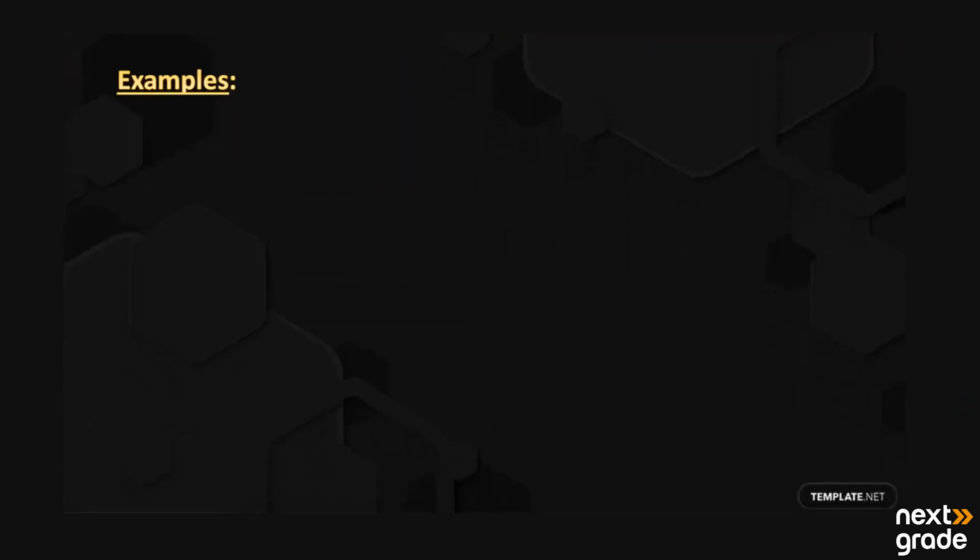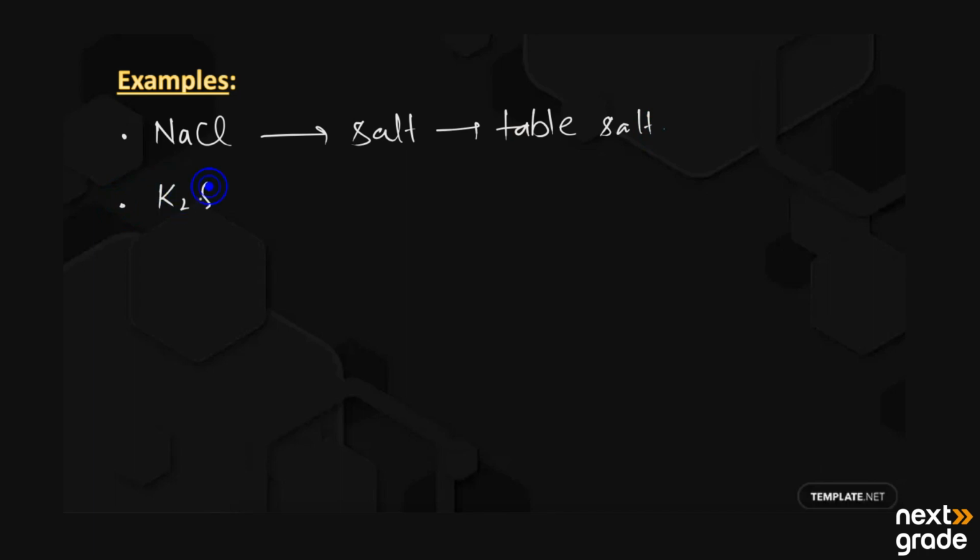So here we have a lot of examples of ionic compounds or salts. So let's discuss some examples of the salts. We have some positive metal salts like sodium chloride. It is mainly known as table salt. Second salt we have potassium sulfate, K2SO4.